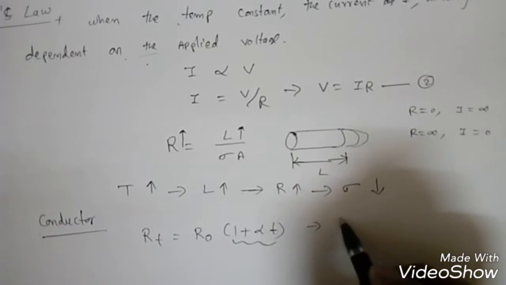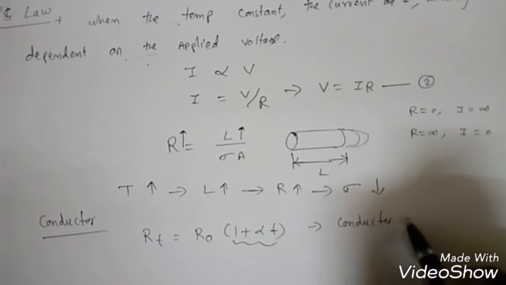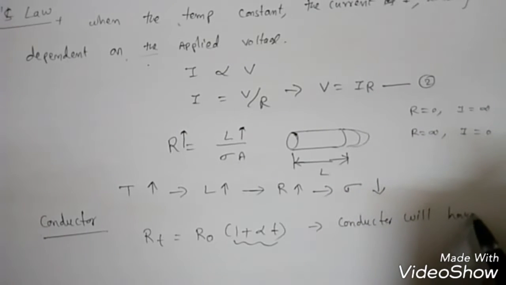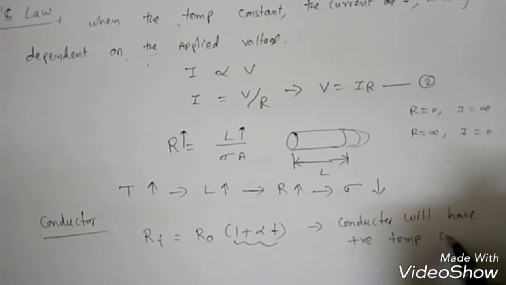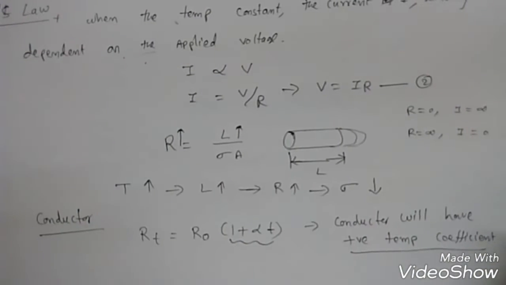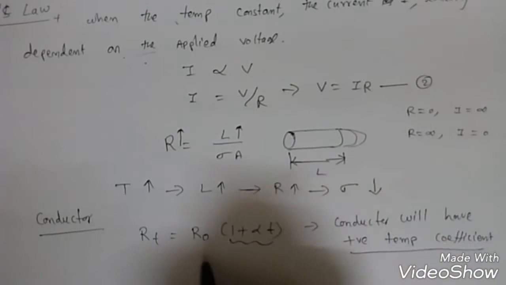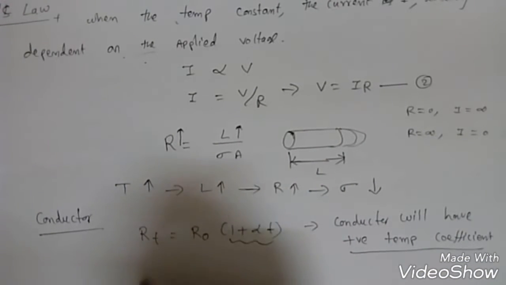That's why conductors have a positive temperature coefficient. Positive temperature coefficient means that when temperature is increasing, the resistance also increases, right?